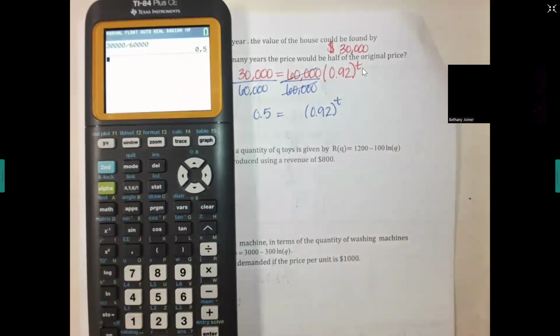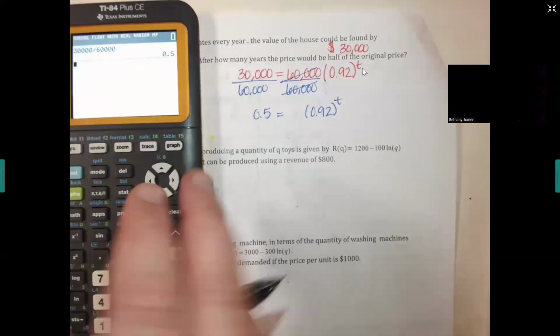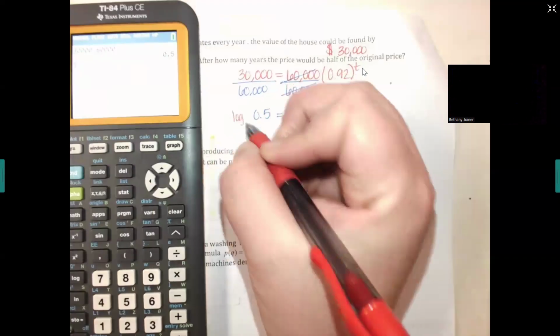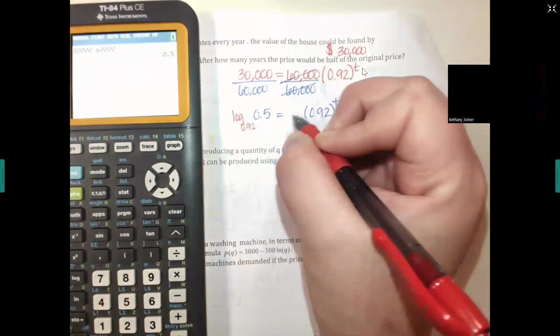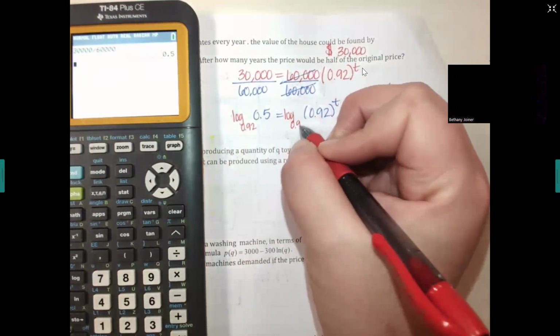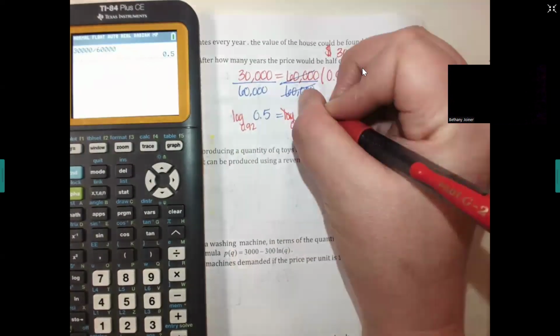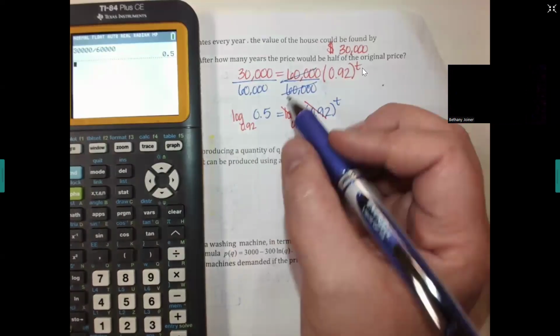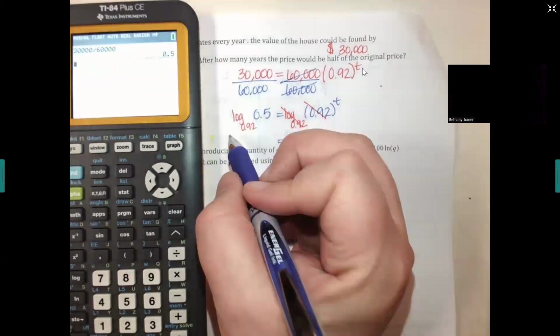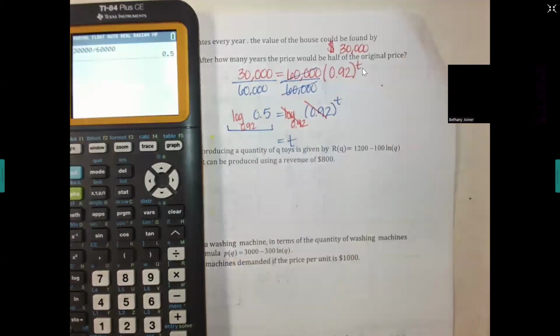Now, I want you to notice that your t is up top on the 0.92. So that's not multiplication, that's an exponential where your t is little. So for me to get rid of a big 0.92 base, I'm going to have to log little 0.92 on both sides. And remember that if I log little 0.92 on a big 0.92, I'm going to get t equals, and then I can pretty much just put this into my calculator.